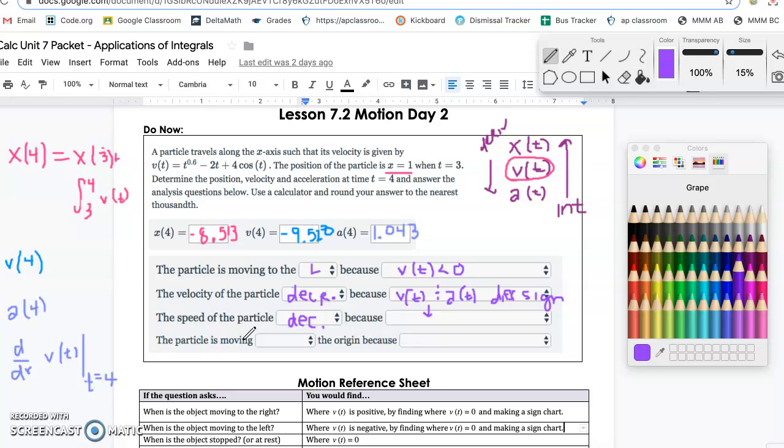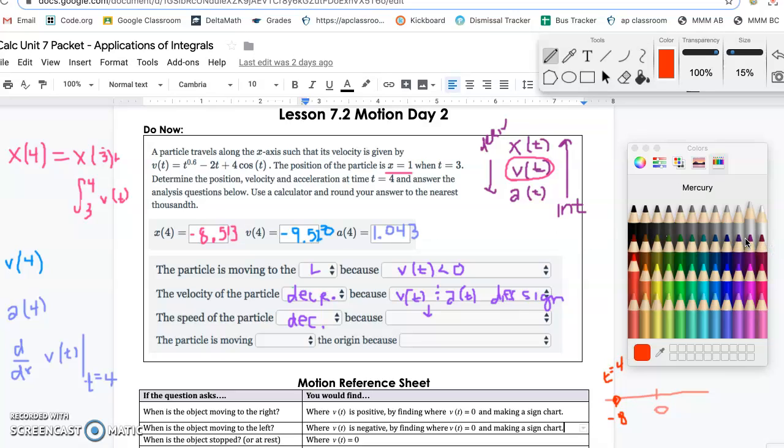This is asking whether the particle is moving towards or away from the origin. So again, I'm going to make my number line like we did yesterday. Here's my number line, and here's the origin, 0. I know that right now the particle is at negative 8, which is over here, at time equal to 4.